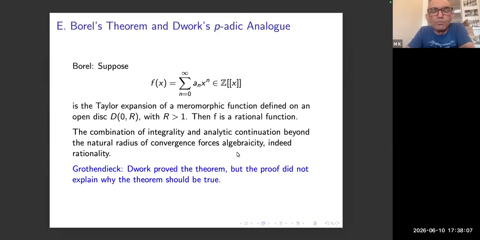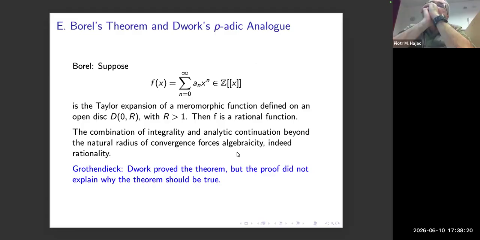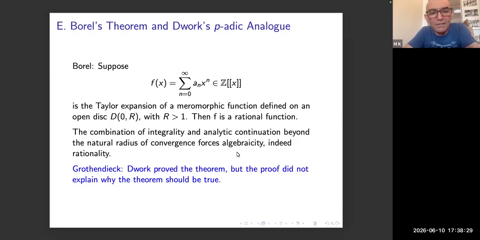So the idea that Dwork actually used was an old theorem due to Emil Borel, not Armand Borel. The theorem goes back to the late 19th century, around 1900 at most.